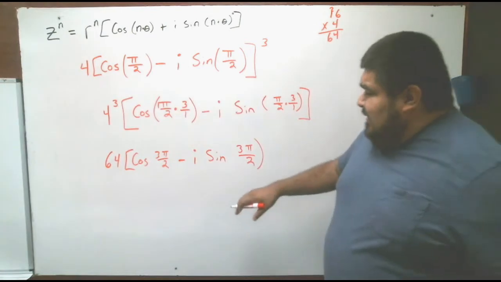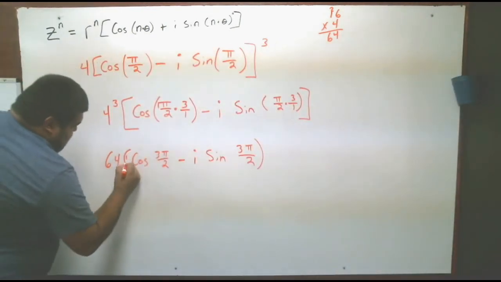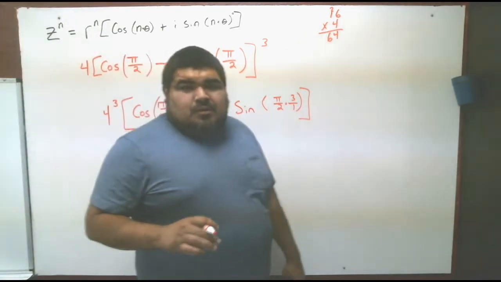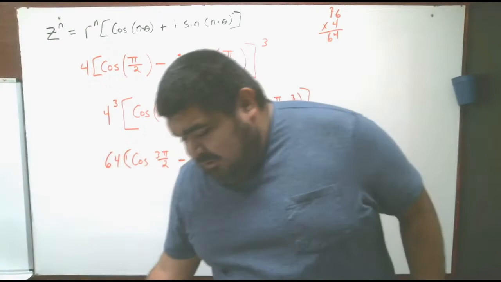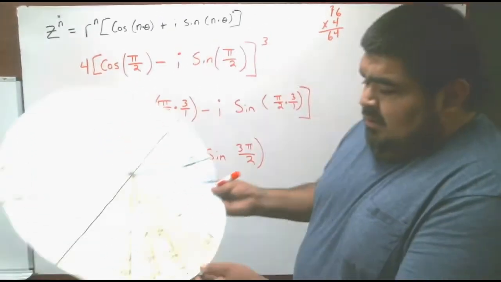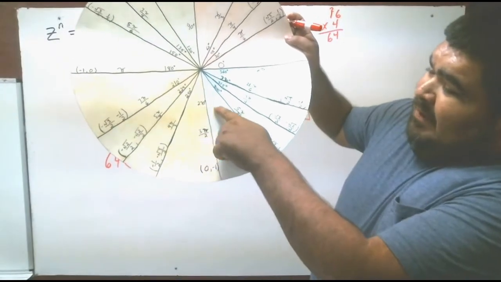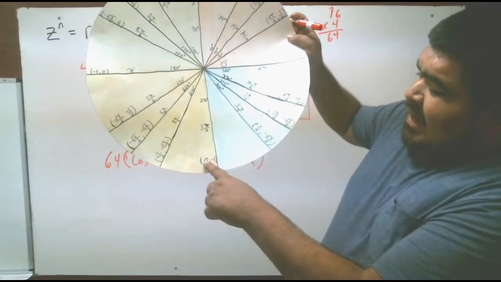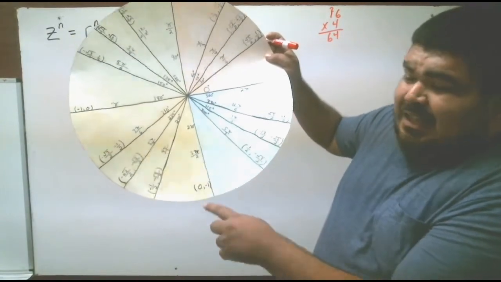which technically, 3 pi over 2 is on the unit circle. 3 pi over 2 is down here. It's 270 degrees. So we have our sine and our cosine for 270 degrees. Cosine is 0, sine is negative 1.